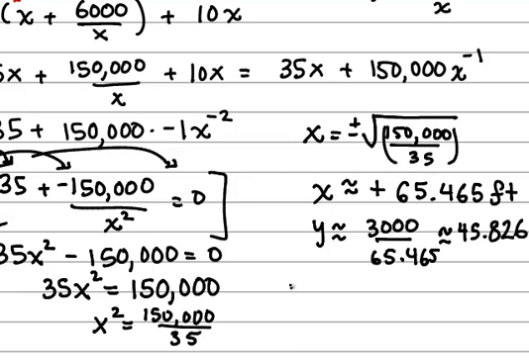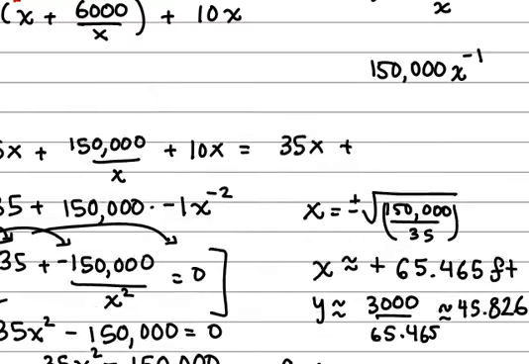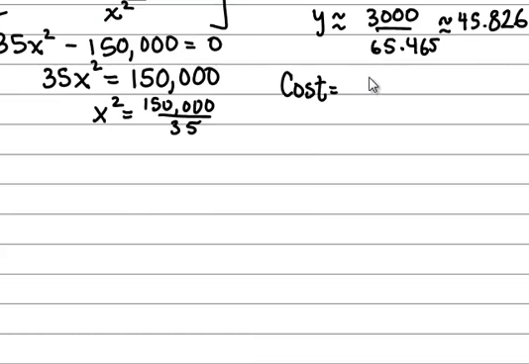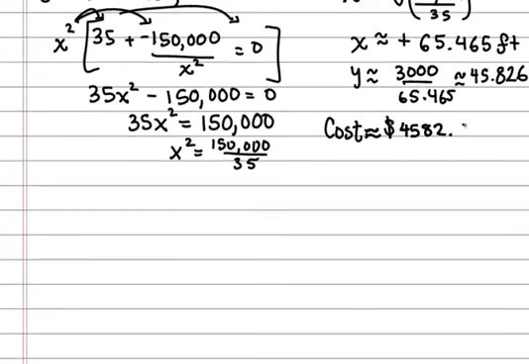First, let me write down the total cost, based on this set of dimensions, which would be about $45,826.58, so somewhere around that.